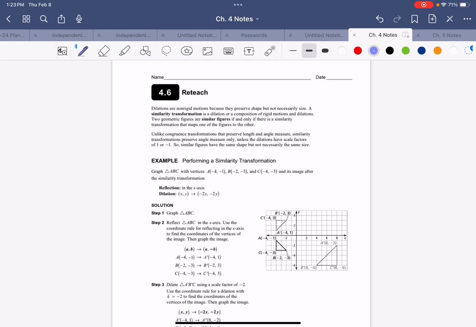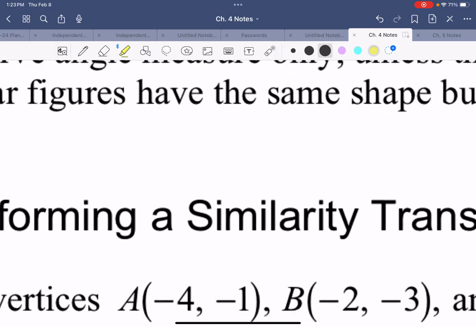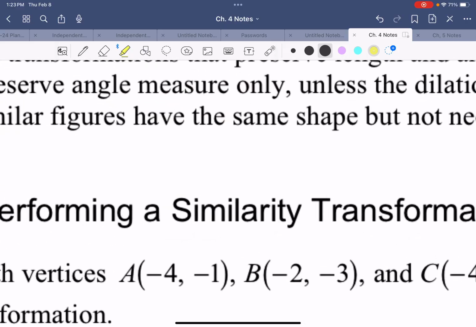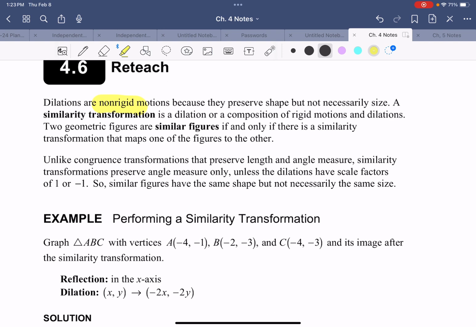So now, okay, dilations are non-rigid motions. Everything else we did, a flip, a rotation, a slide, those were rigid. But dilations are non-rigid because, as you can see what I'm doing here with my iPad, I am increasing and decreasing the size, okay?